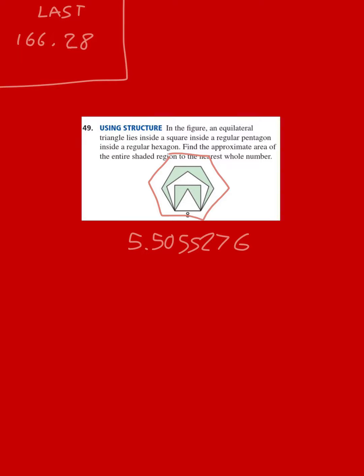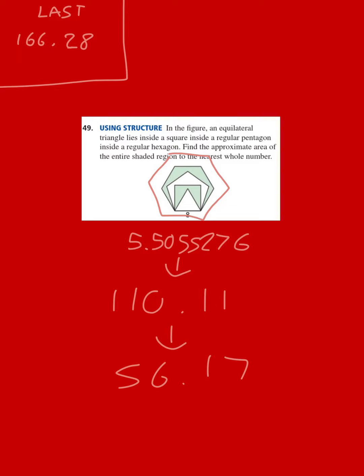Then you would multiply half of the apothem, 2.7527, by the length of the side, 8, and the number of sides, 5, giving us the area of about 110.11. Now, 166.28 minus 110.11 equals 56.17.